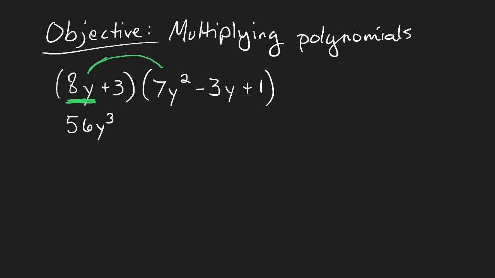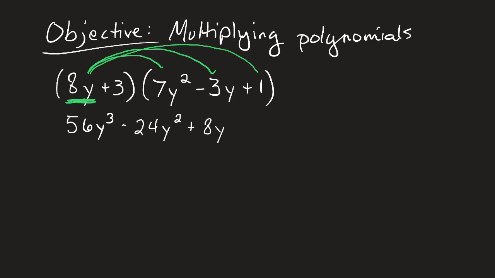Then we're going to take that 8y and we're going to go to that negative 3y. And so 8 times negative 3 is minus 24. And we have 2 y's there, so it's going to be y squared. And then we're going to take 8y and we're going to multiply it to 1. And so that's going to be just 8y because 8y times 1 is 8y.